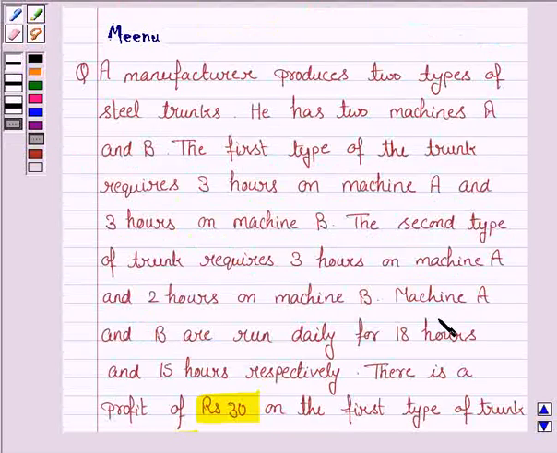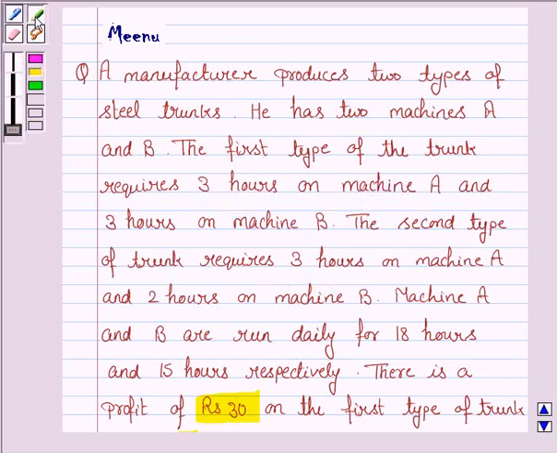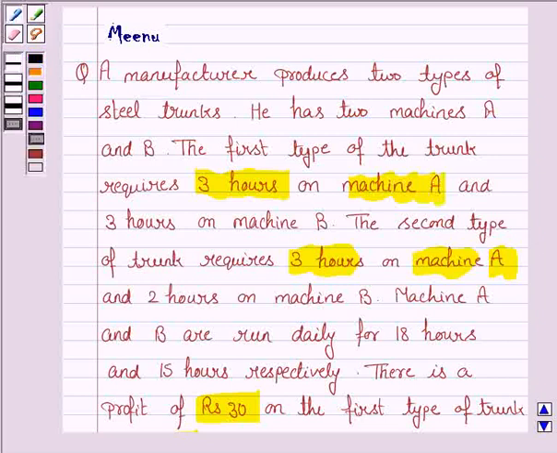Now we are given that machine A runs for 18 hours daily, and that type 1 trunk requires 3 hours on machine A and type 2 trunk requires 3 hours on machine A, and the maximum time for which machine A can run is 18 hours.